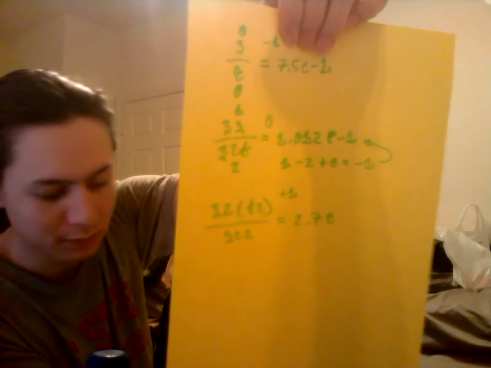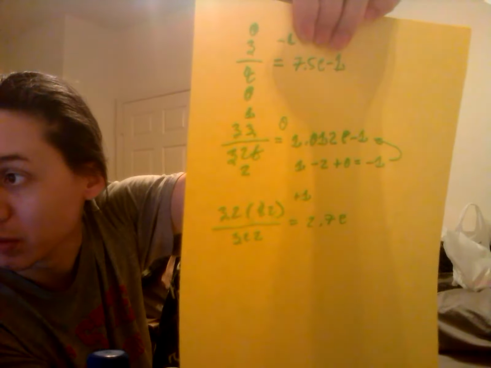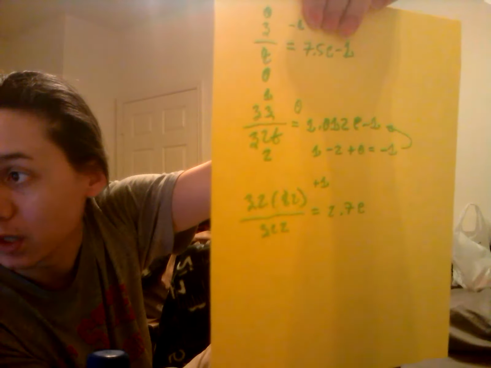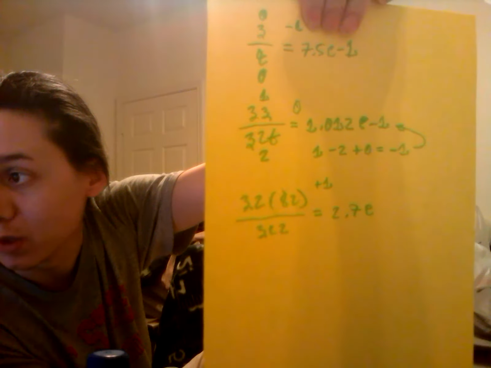So see, over top of the equal sign, it was 1 from the multiplication. Plus, 32 is 1, 82 is 1, 3e2 is 2. So 1, 1, 2.